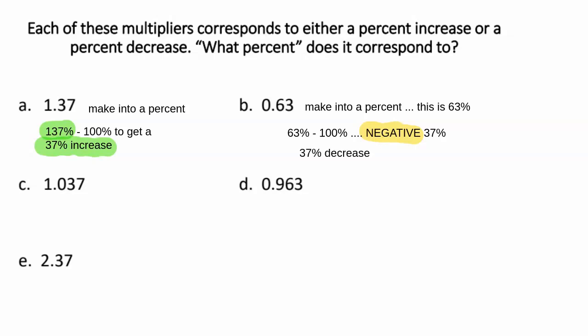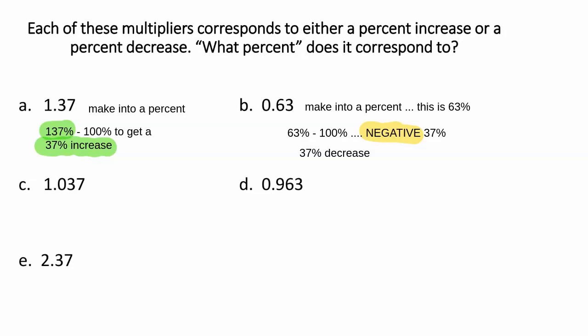This is where we put everything together. We're taking 63% and we're subtracting it from 100% to get a negative 37%. But what does that negative mean? It means a decrease of 37%.